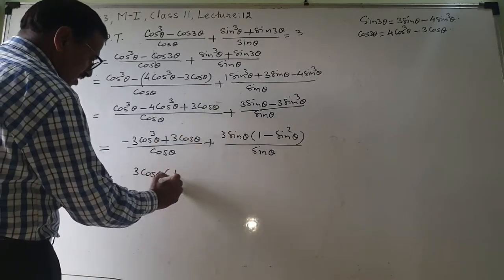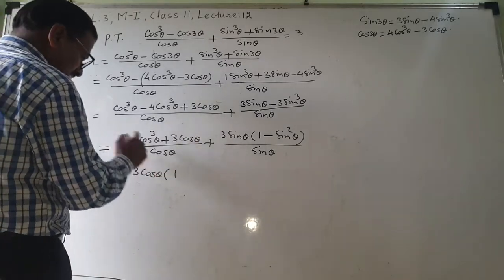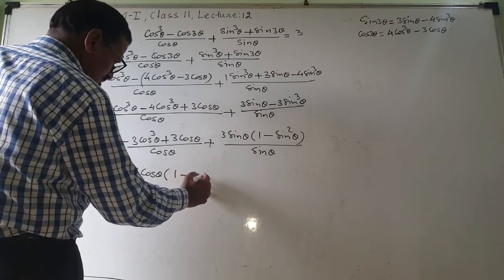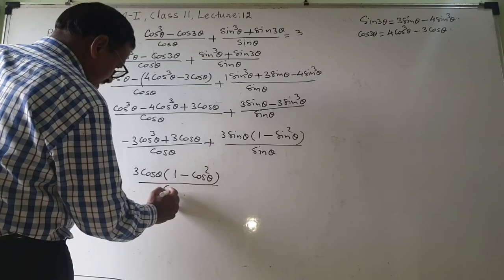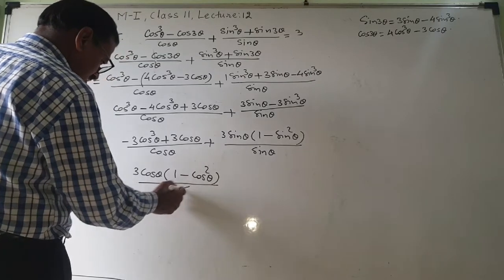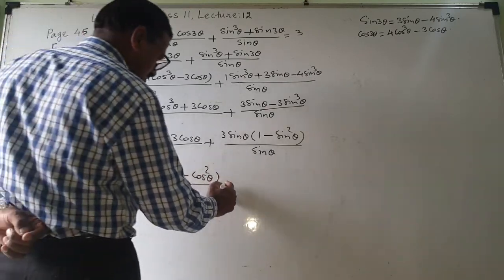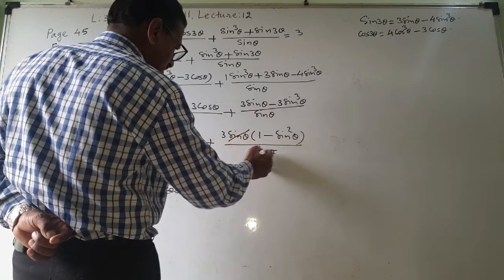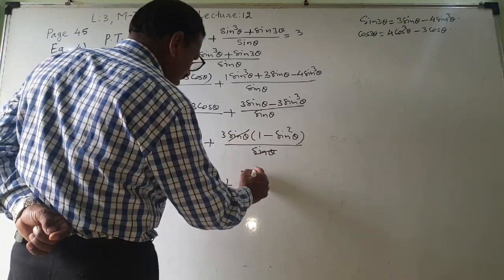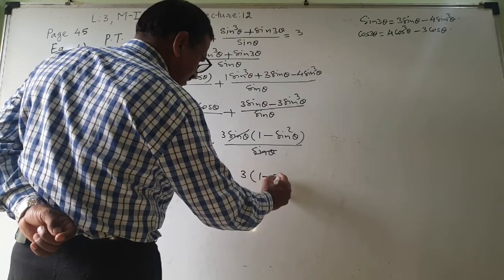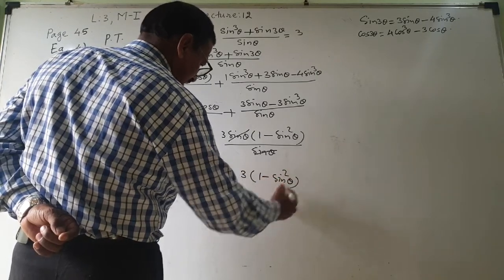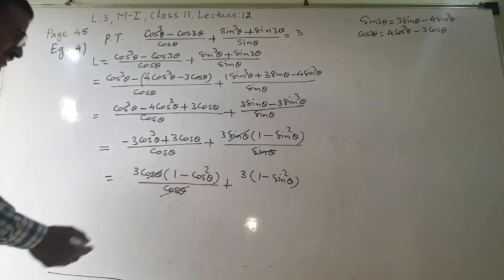Here remains 1, that I will write first, and here remains minus cos square theta upon cos theta. This cos cut, plus this sin cut. So 3 (1 minus sin square theta upon 1 it is).